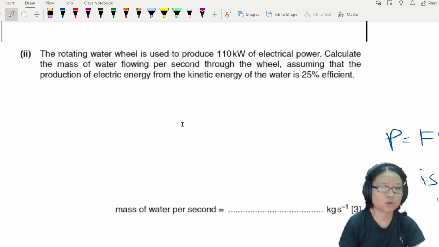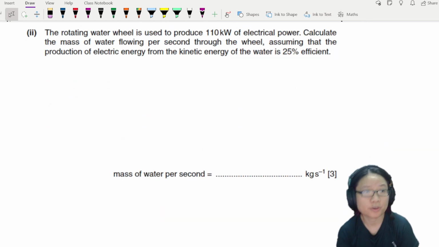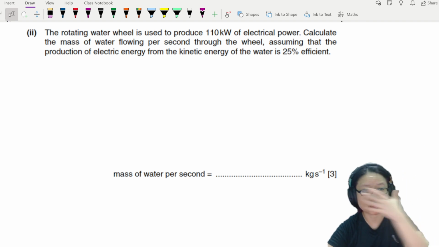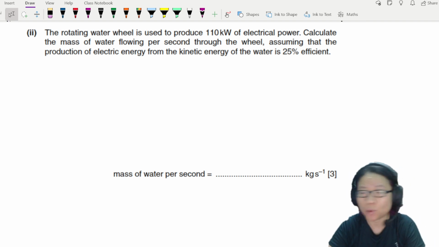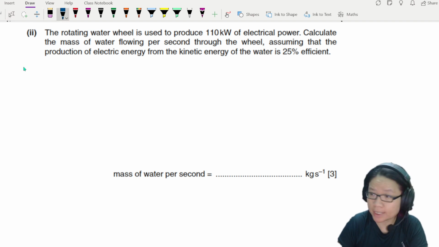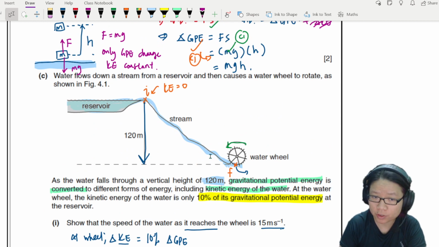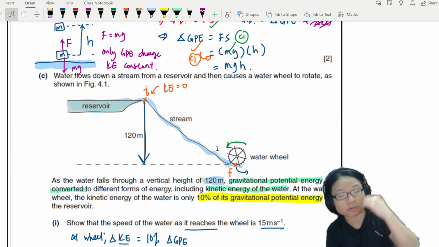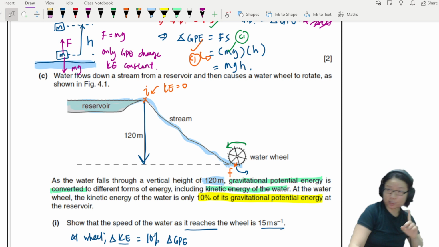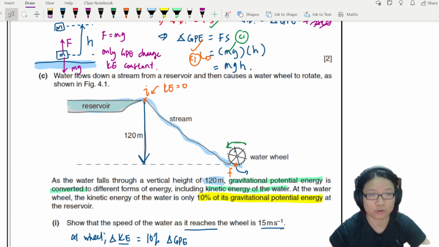Okay, part 2. The rotating water wheel is used to produce 110 kilowatt of electric power. So just now what we had was GPE converted to KE. Only 10% of the GPE is left, and that KE will convert to electrical energy.